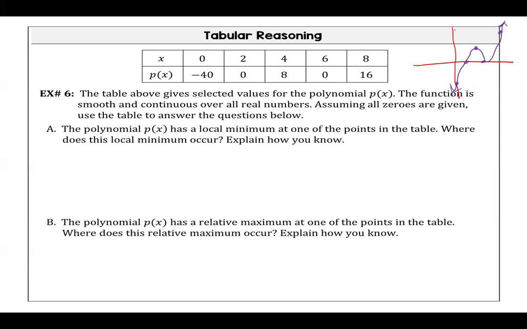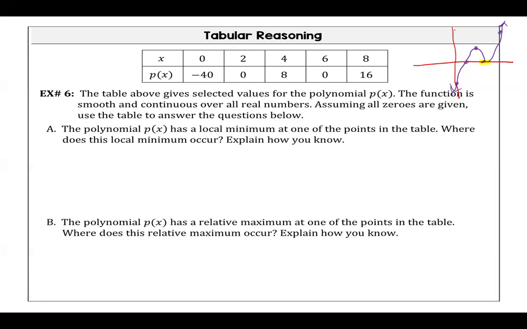All right, part A says the polynomial P of X has a local minimum at one of the points in the table. Where does the local minimum occur? Because I have a sketch, I can easily identify it. My local minimum happens right here at 6, 0.